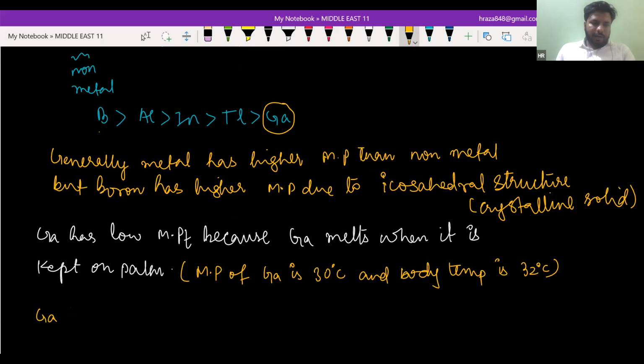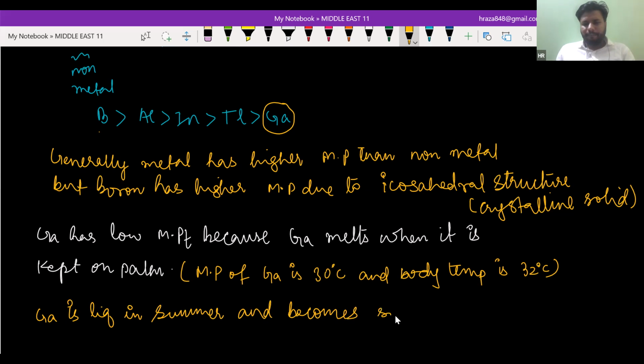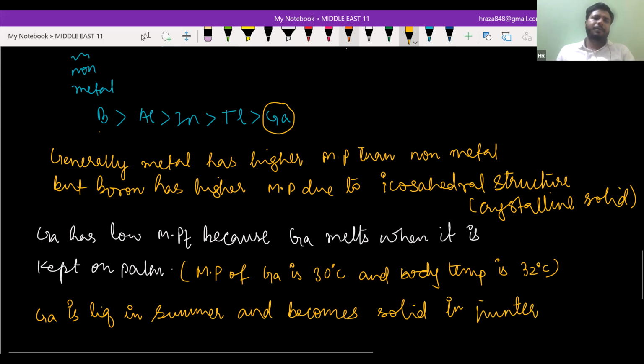Again, gallium is liquid in summer, not gaseous state, and becomes solid in winter. Just write it.